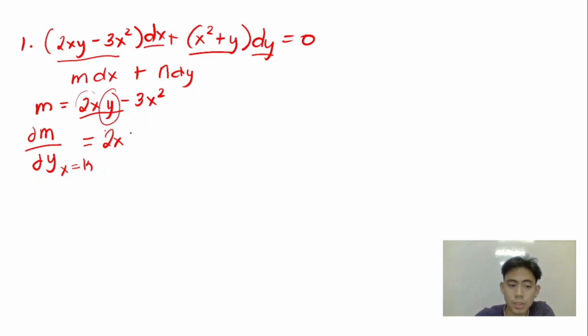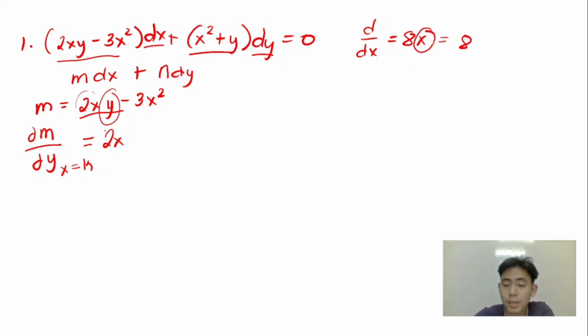So, since ang condition natin sa partial derivative ni M with respect to y is lahat daw ng x should be constant, ano nga ba ang derivative ng constant? Is 0. Okay? Di ba, for example, meron tayong derivative of 8x. So, ang derivative ng 8x natin is 8.